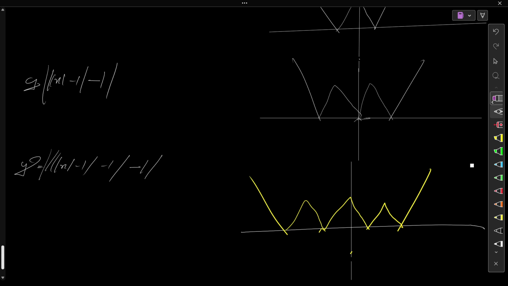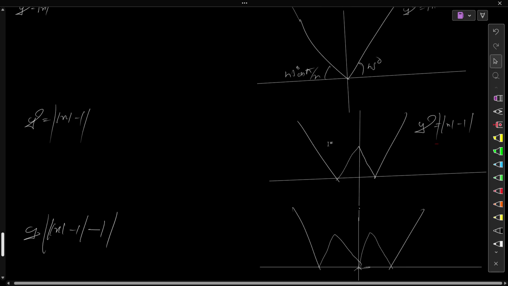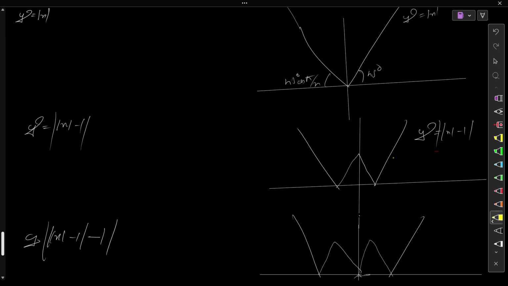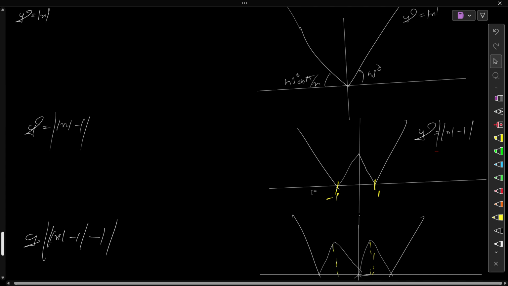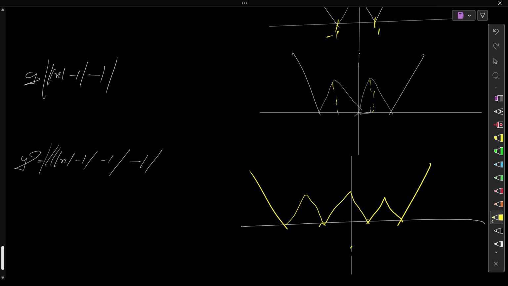All right, so the thing to be observed in this case is that this graph was shifted by 1 and minus 1. So this will become 1 and minus 1, and this will become like 1, minus 1, minus 2, minus 3, and 1, 2, 3.